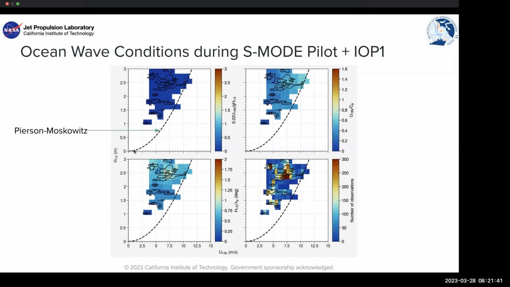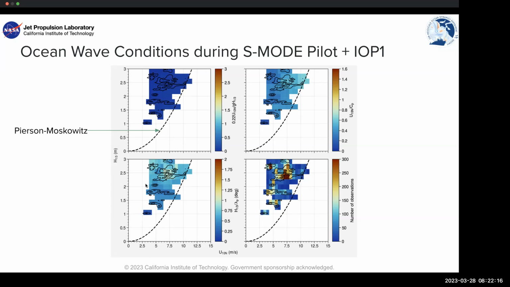And I put in as a reference line the Pierson-Moskowitz prediction for well-developed seas. So if everything were wind-driven and Pierson-Moskowitz were right and the fetch were very long, things would be lining up along here. However, you can see that most of the data here, plotted against inverse wave age, is well below 1. So we have old oceans, old seas.